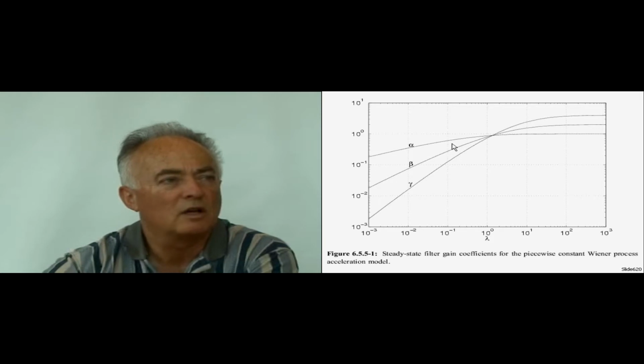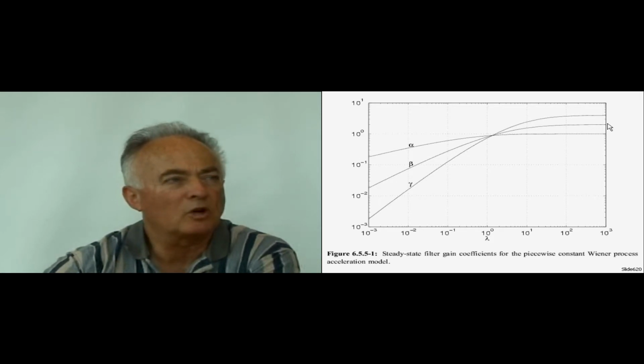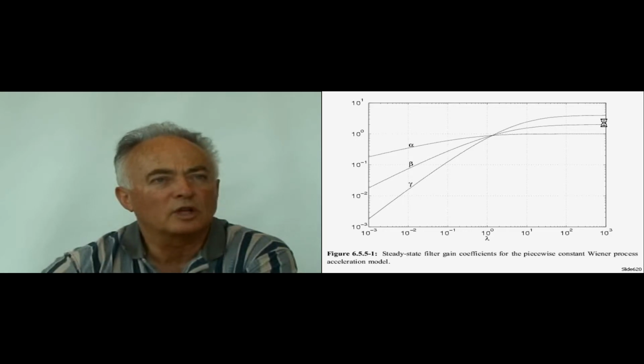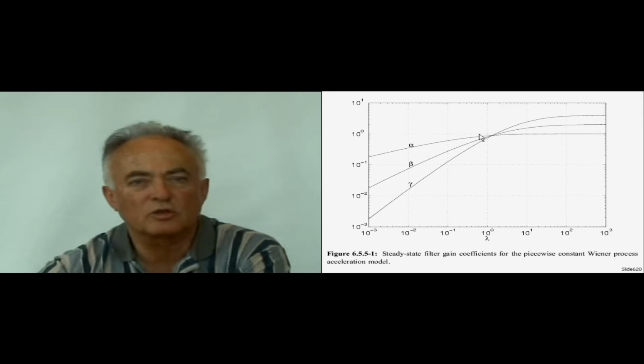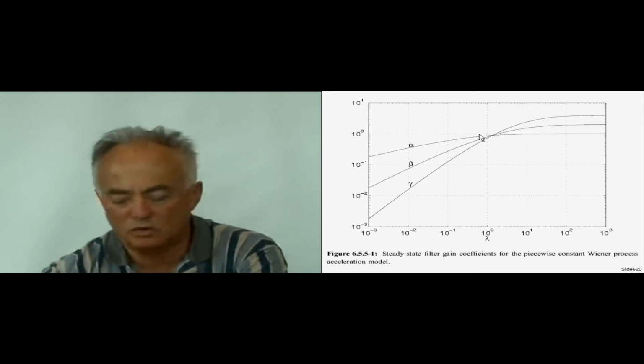The alpha goes at the limit to 1, the beta goes at the limit to 2, and the gamma goes to 4. So these are the gains for the position velocity acceleration state with position only measurements.